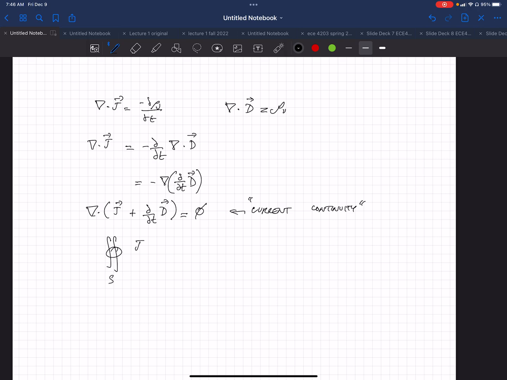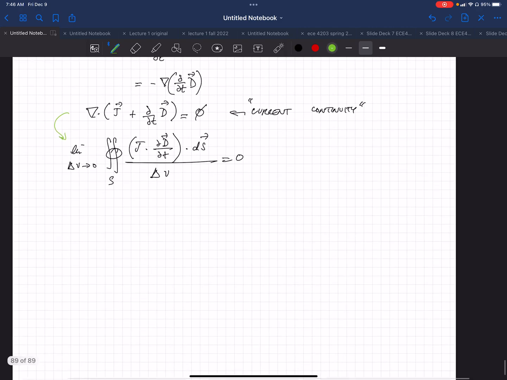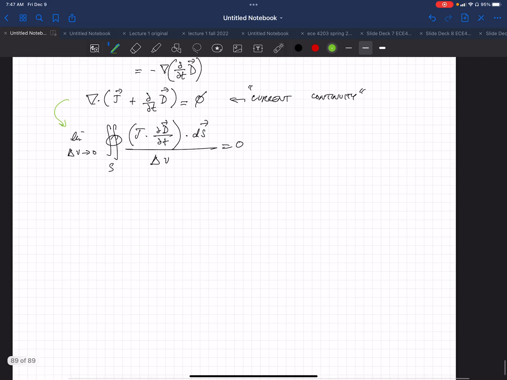So we're going to do J dot dS, which is the definition of divergence over the volume in the limit as the volume shrinks close to 0. So we're going to change this equation to the definition of divergence, where S is a closed surface.